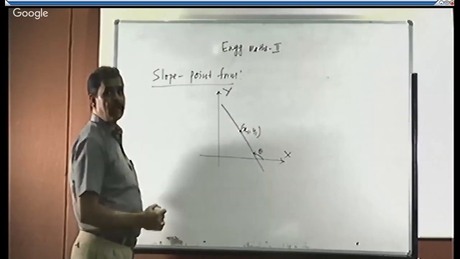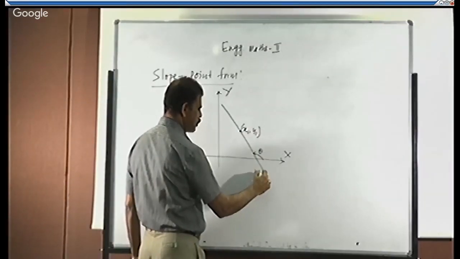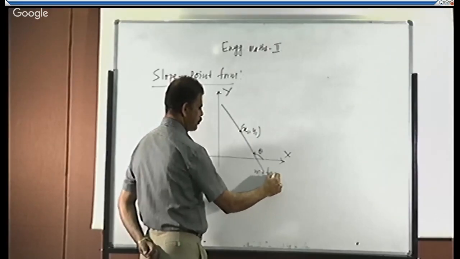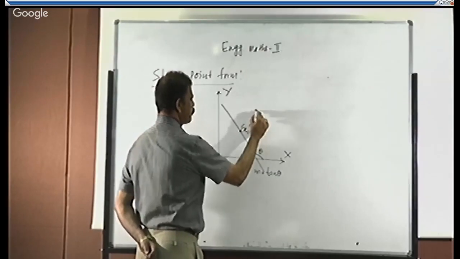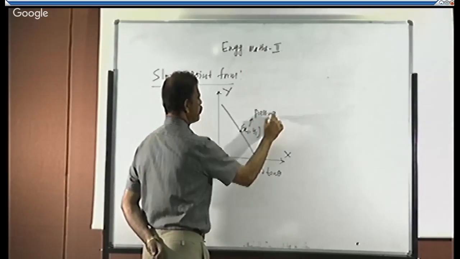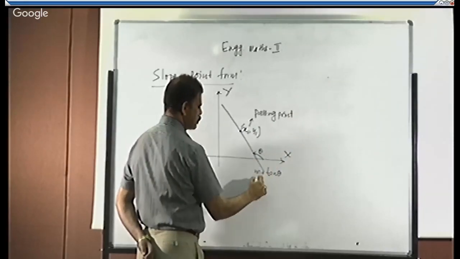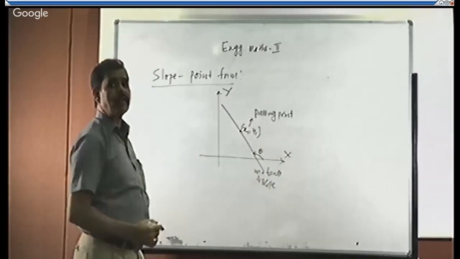If you know the inclination of the line, with that you can calculate slope. What is slope? Slope of the line m is equal to tan theta. This is the passing point. And this is the slope. Using these two data, we can write the equation of a line.